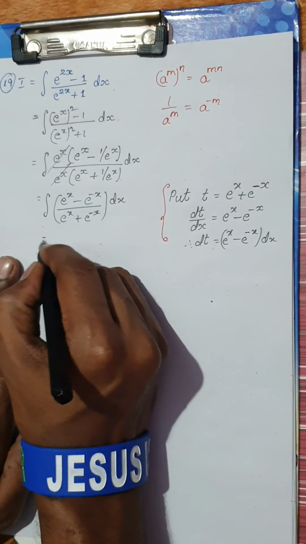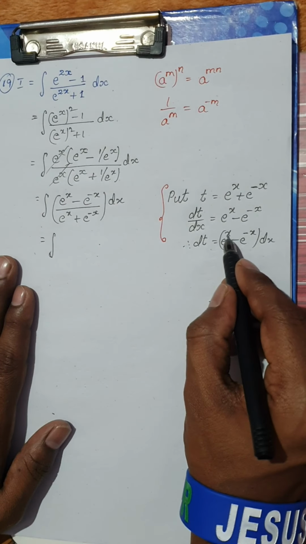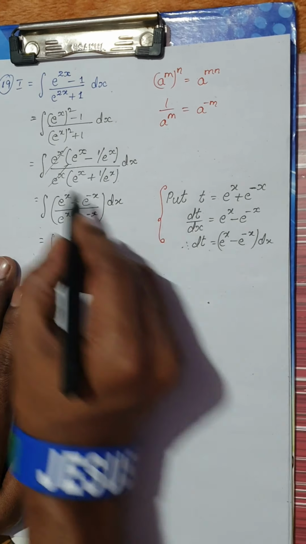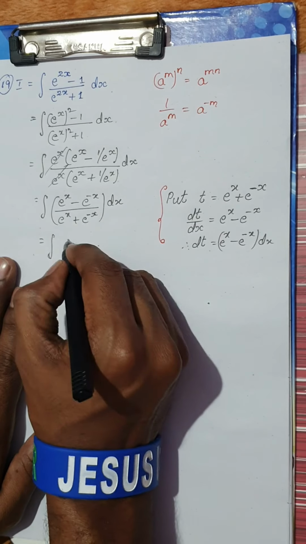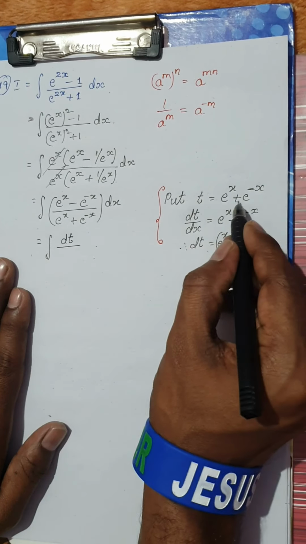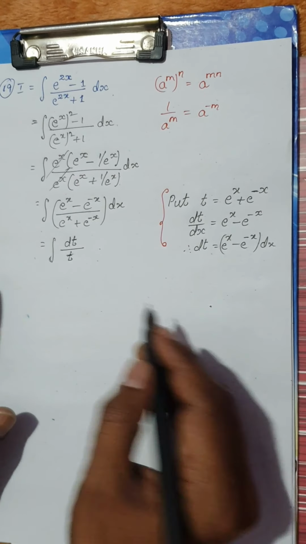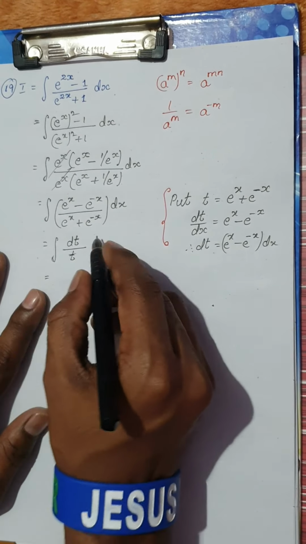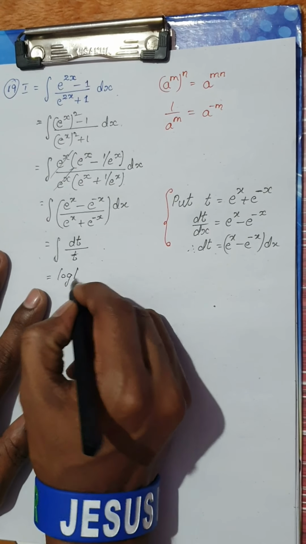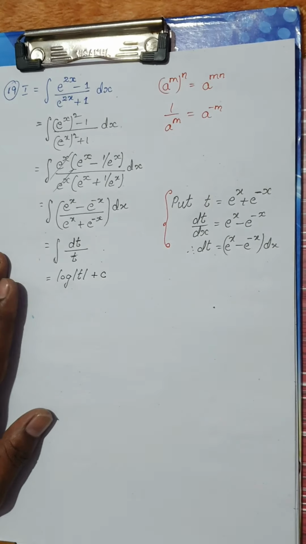So, what happens? This is nothing but the integral of, look at the part here, e power of x minus e power minus x, that is the numerator I have, and that can be written as dt, divided by, now e power x plus e power minus x would be written as t. This is nothing but, dt by t, and we all know the standard result: log of mod t plus a constant c.